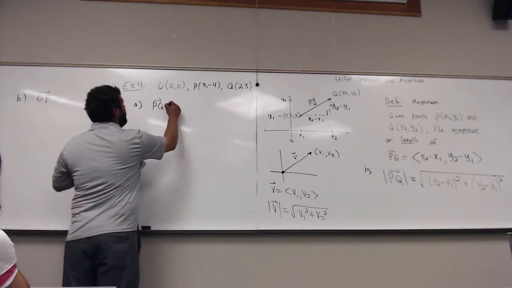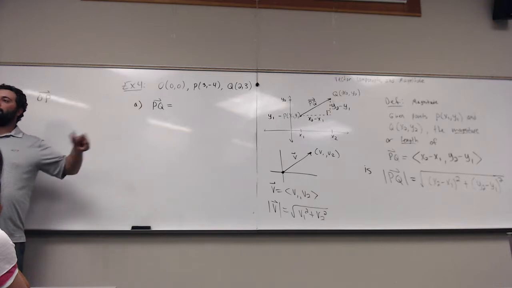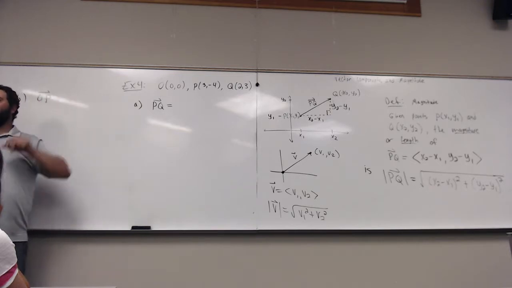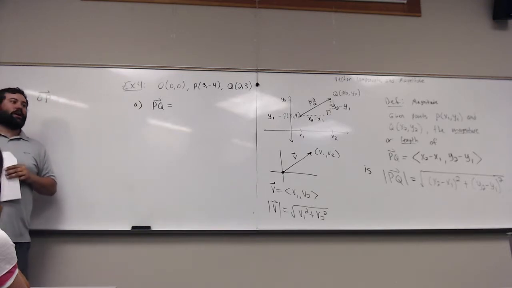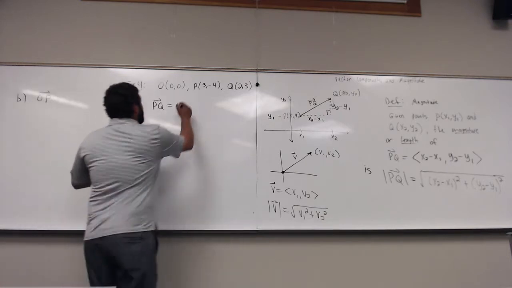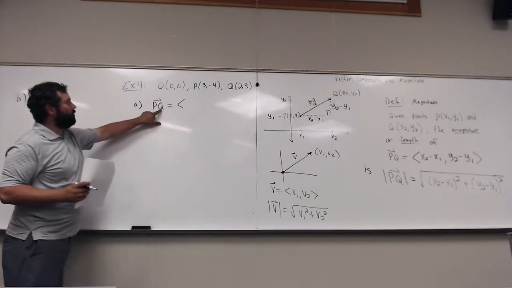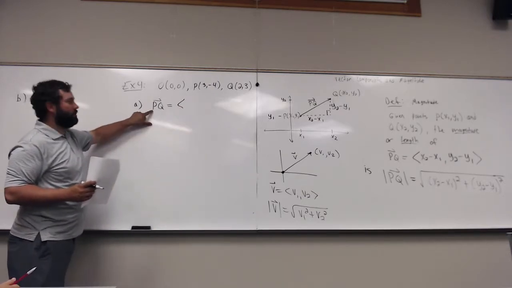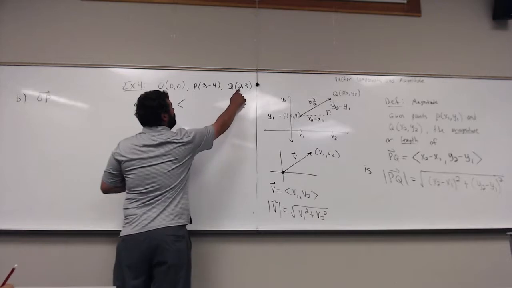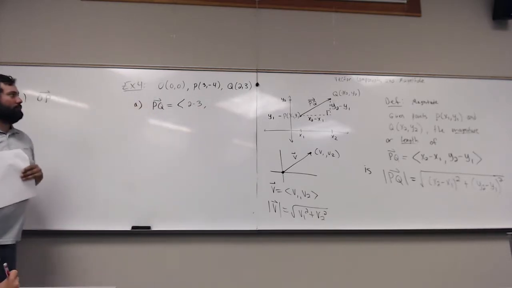Okay, so for part A, let's do the components of this vector first. Again, the components are just the directions. How do you get from the tail to the head of the vector? You have to go some direction in the horizontal and some vertical direction. The first component is going to be the x-coordinate of Q minus the x-coordinate of P. So we're going to do 2 minus 3 for your x component.